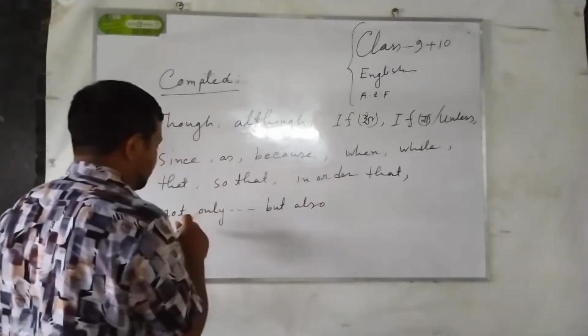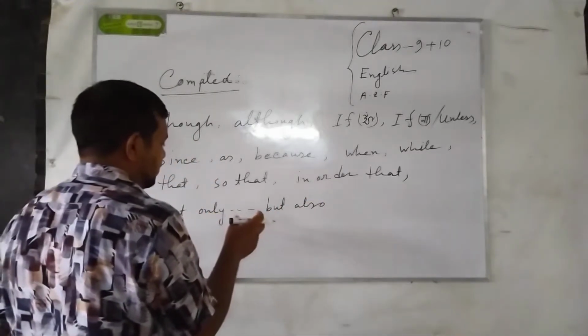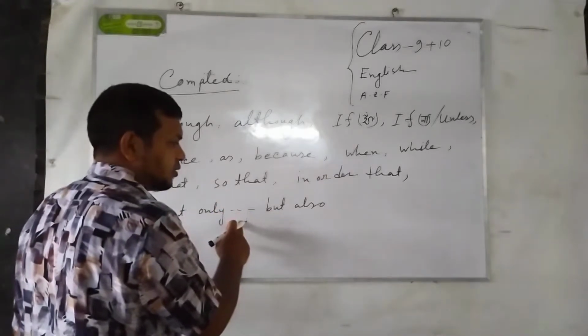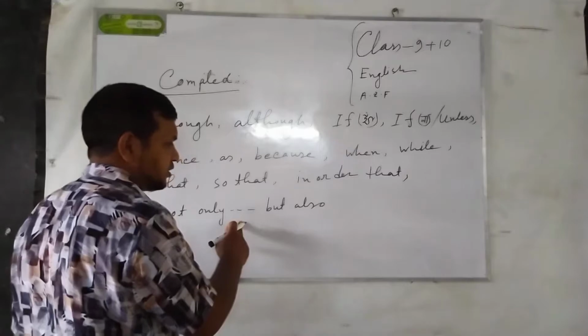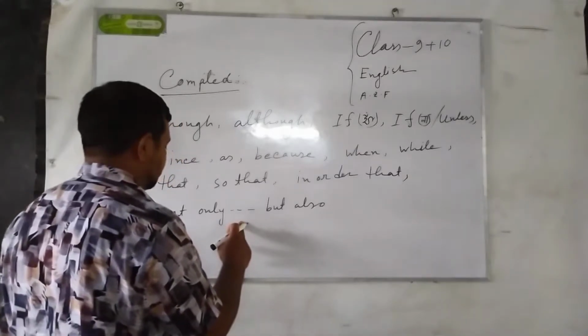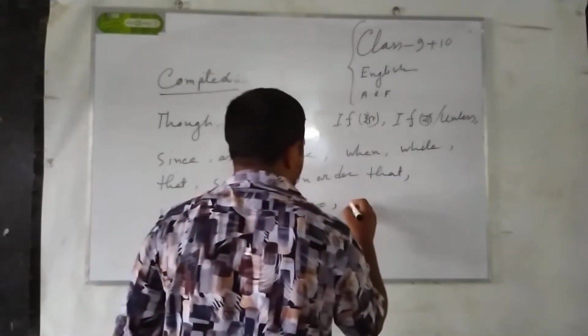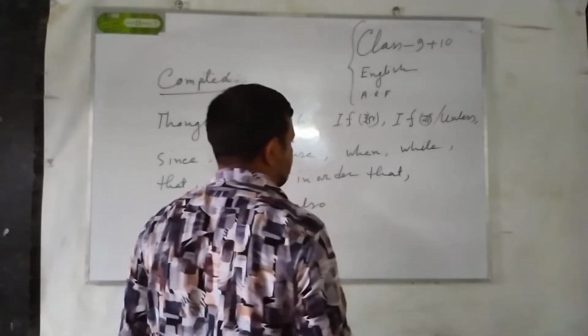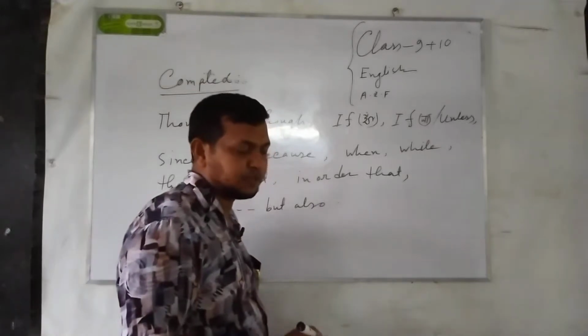Not only but also: before and after, or in the middle, uses an adjective or adverb. These are the symbols of a complex sentence.